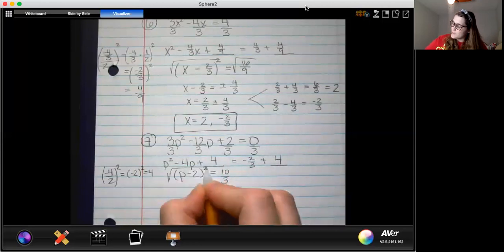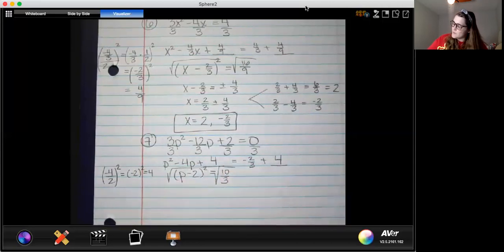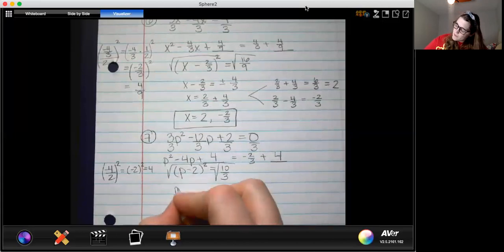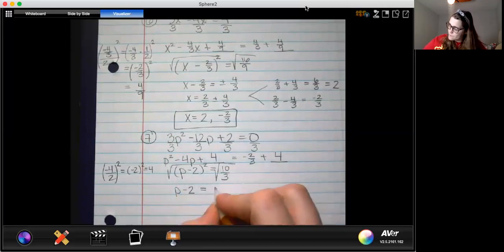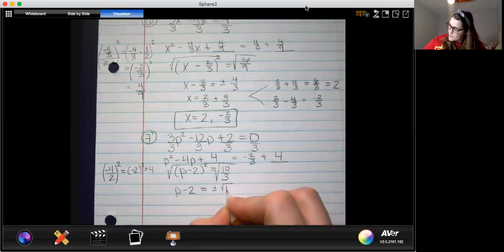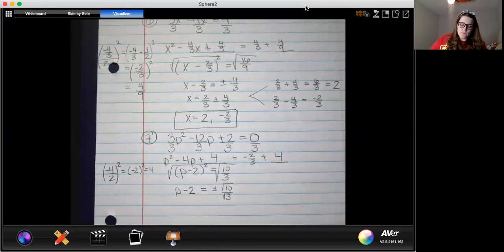And now we're going to take the square root of both sides. Well, that's going to give me p minus 2 on the left side, but on the right side, I have to consider the fact that neither of these are going to simplify.